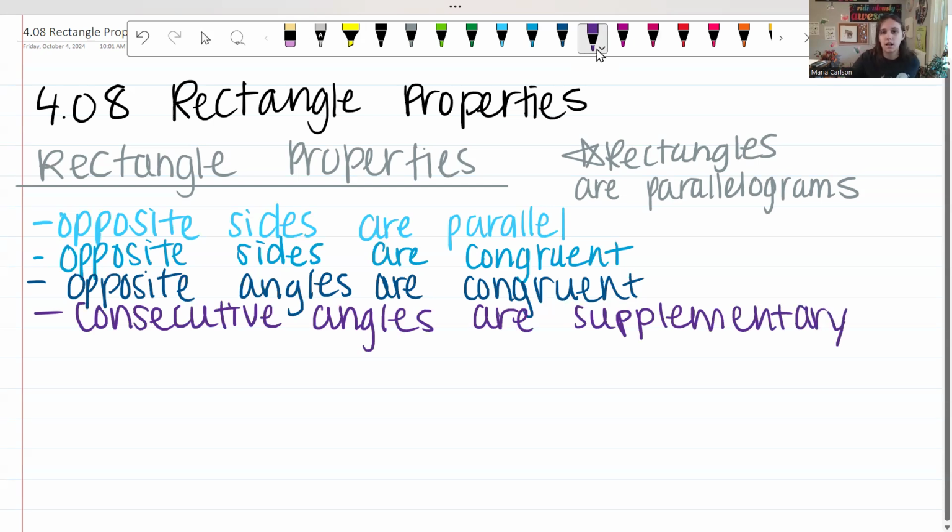And lastly, for parallelogram properties that are also true for rectangles, diagonals of a parallelogram, and therefore diagonals of a rectangle, bisect each other.